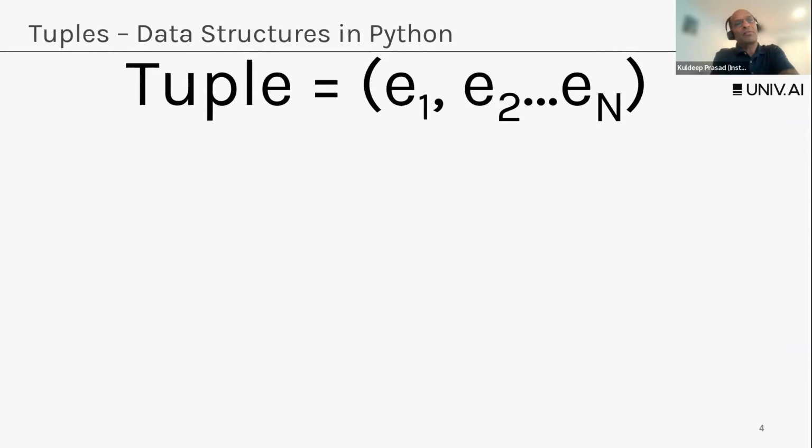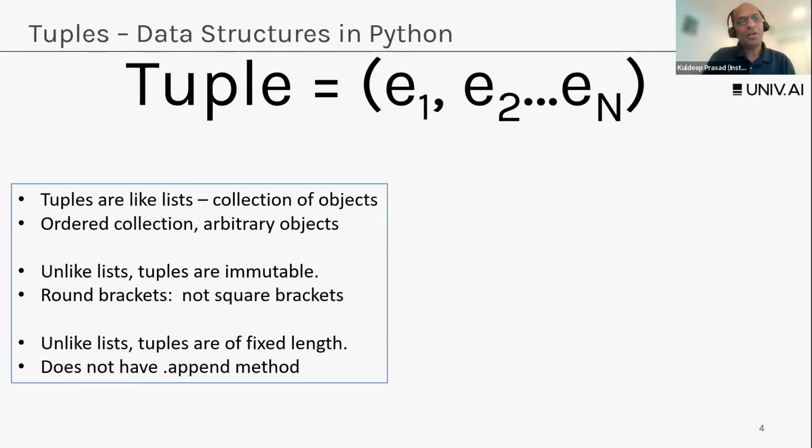But today we are going to start with a new data structure, and we are going to call it a tuple. And tuples are sort of like lists, right? They are also a collection of objects. They're also ordered collections, and they can be arbitrary objects, just like lists, right?